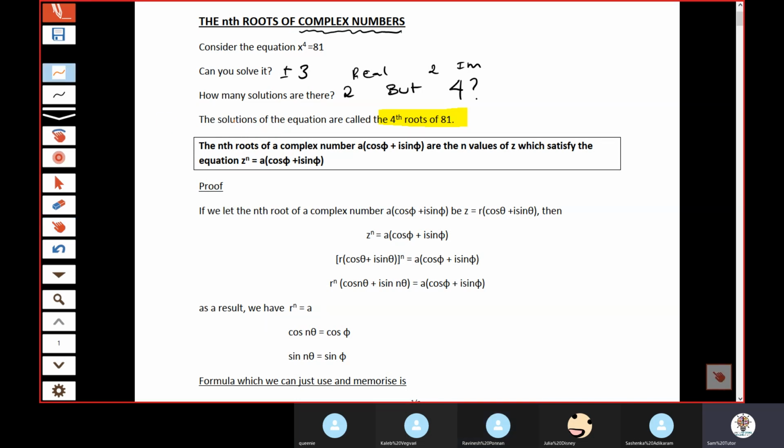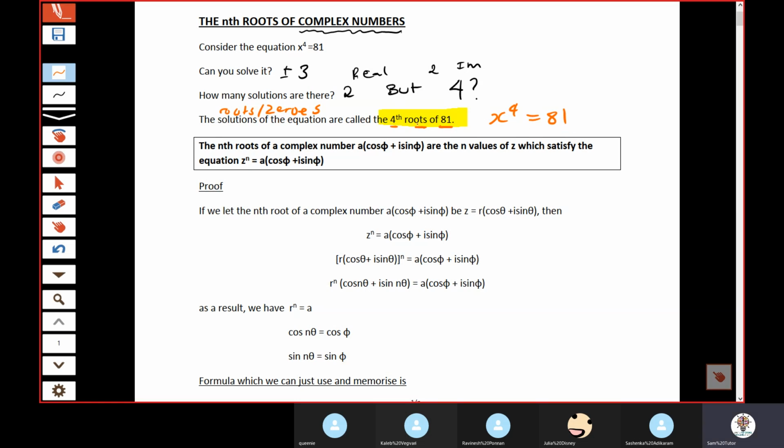Roots. Another word? Zeros. And the one that you probably will see in Extension 2 complex numbers is called fourth roots of 81. In other words, it means x to the 4 equals 81, and then solve.